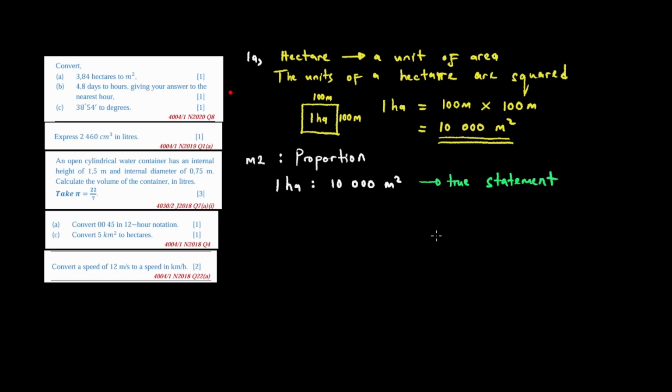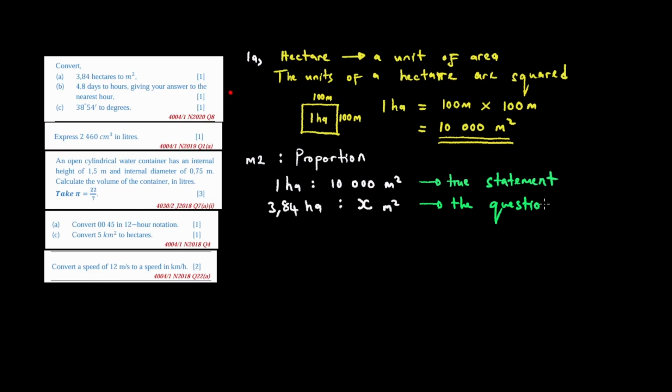True statement. Then secondly, we consider our question. Question yati 3,84 hectares to square meters. Kureva kuti 3,84 hectares will then be, since we do not know how many square meters, tichati x square meters, and this I call the question.